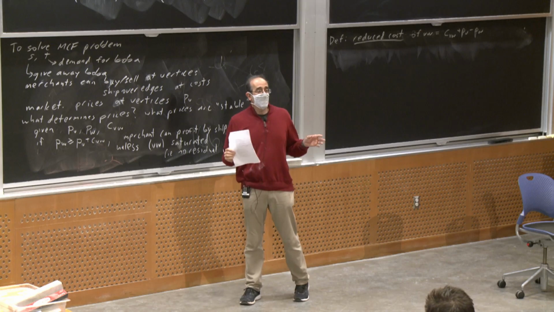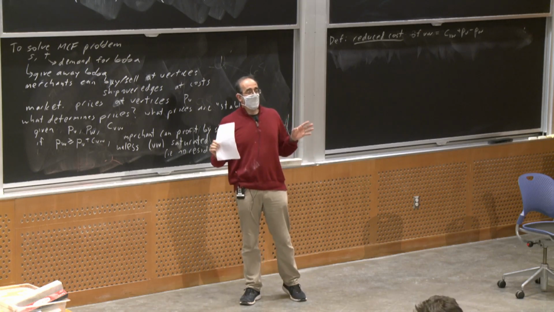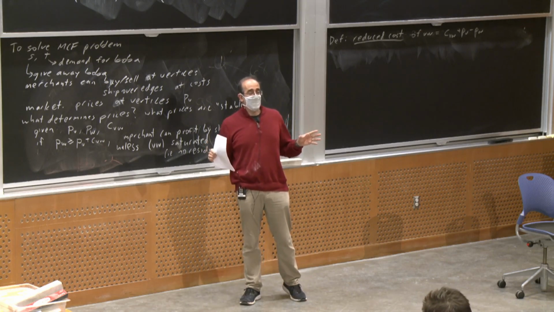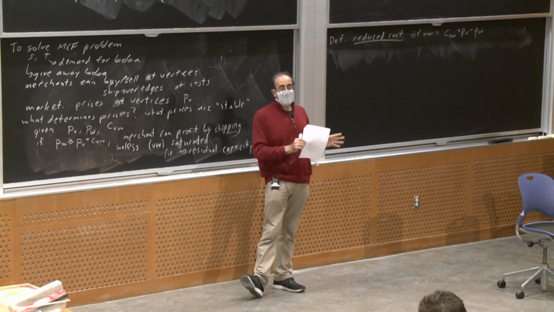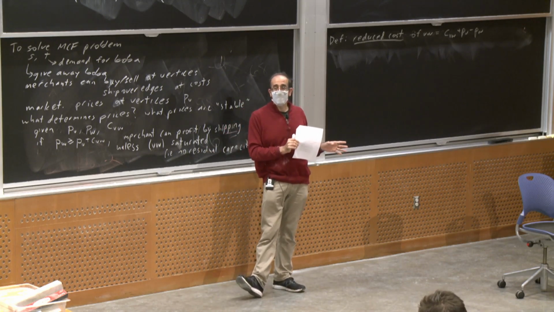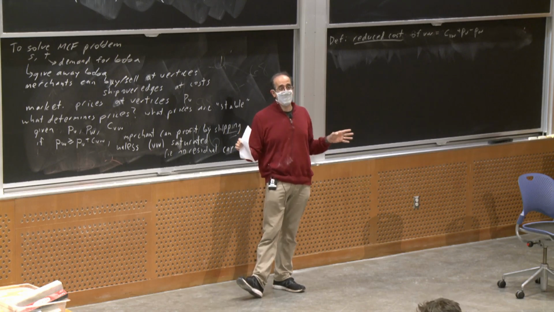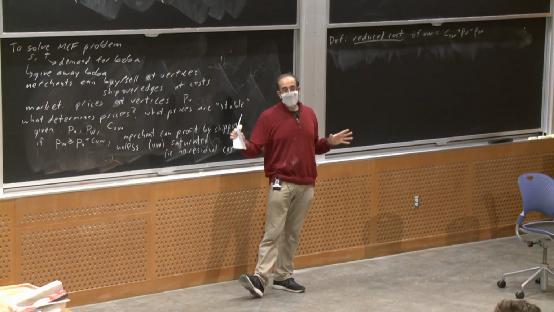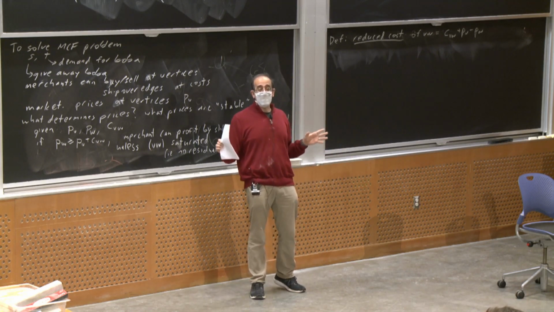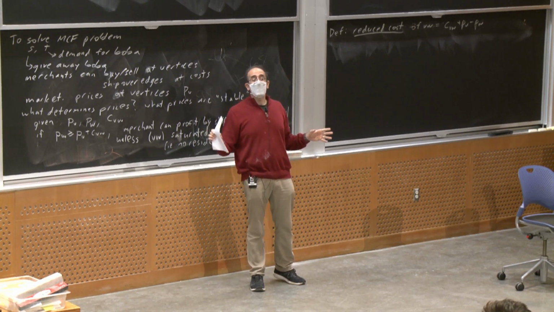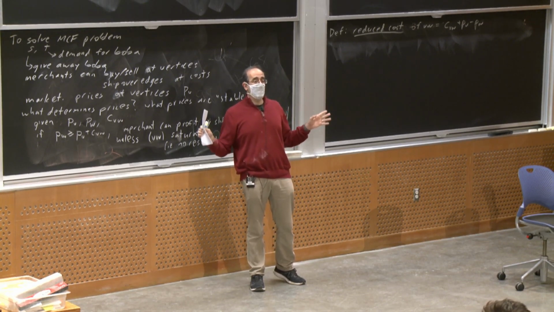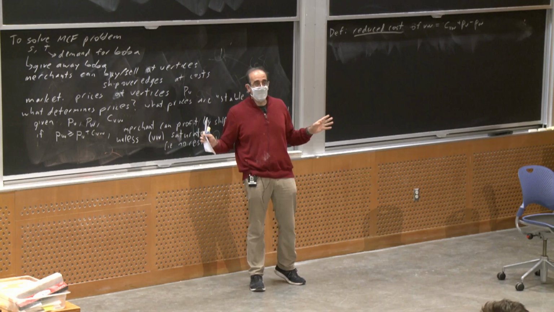So this is, if you think about it, how much it will net cost a merchant to buy the stuff at V, ship it to W, and sell it there. And notice that this phrase is a cost. Okay? So the problem, the lack of equilibrium, is when this cost is what? Yeah? When it's negative. Right? A negative reduced cost is a sign of instability.